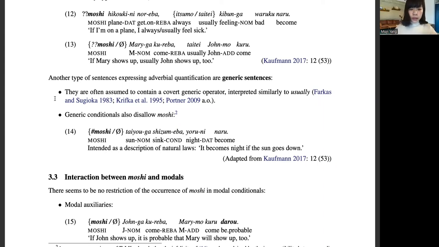And it turns out that when we look at generic conditionals, they also appear to disallow moshi. So in 14, we have a sentence that's intended as a description of natural laws: it becomes night if the sun goes down. In this case, the sentence is okay without moshi, but it becomes very bad as soon as we add moshi.